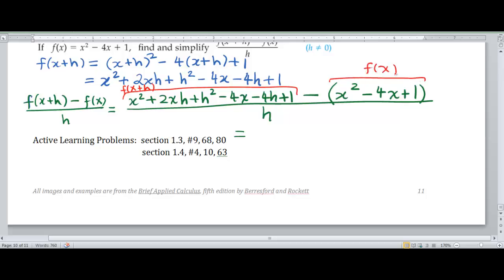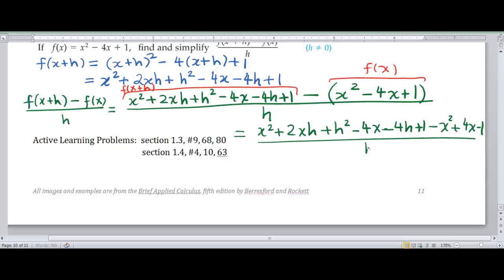Okay. Now we need to combine like terms and distribute. So let me distribute that. Let me write this out. x squared plus 2xh plus h squared minus 4x minus 4h plus 1 minus x squared plus 4x minus 1. Okay, so I distributed that negative, and then all divided by h.